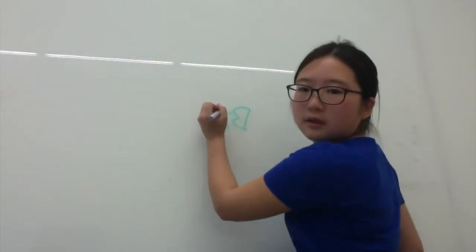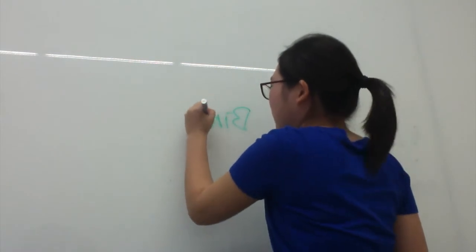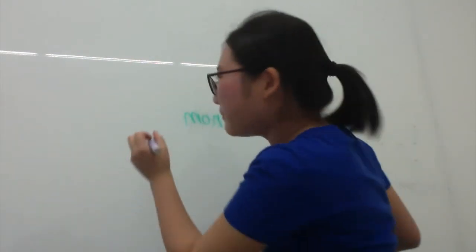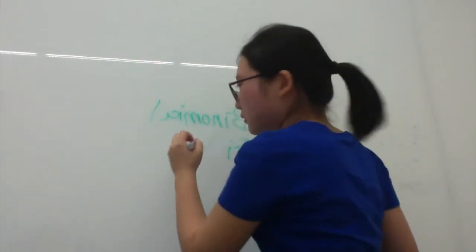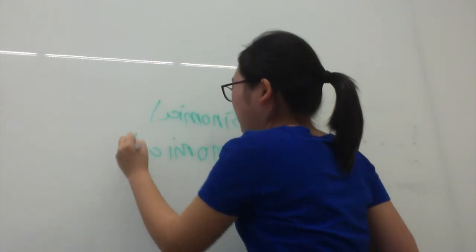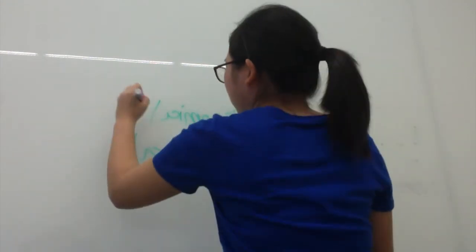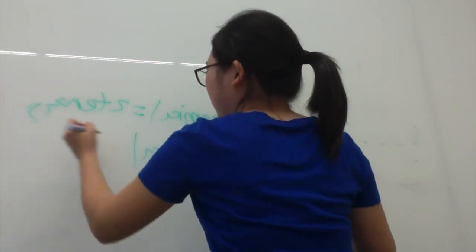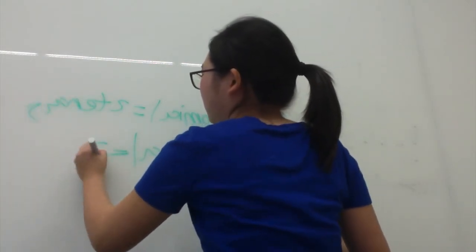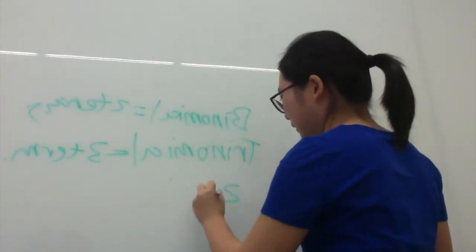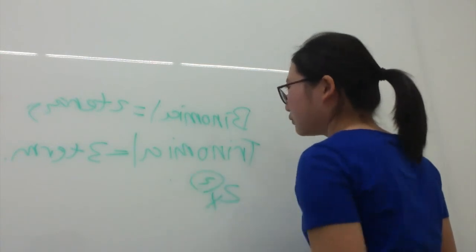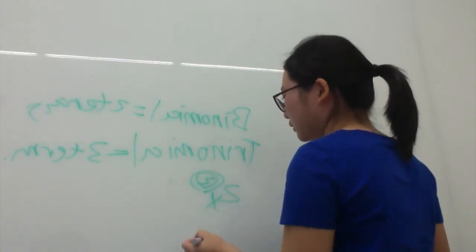Now I'm gonna teach you the binomial and trinomial. N-O-M-I-A-L. Binomial is 2 terms and trinomial is 3 terms. For example, like 2x squared, here is 2, here is a square, 2 degrees.